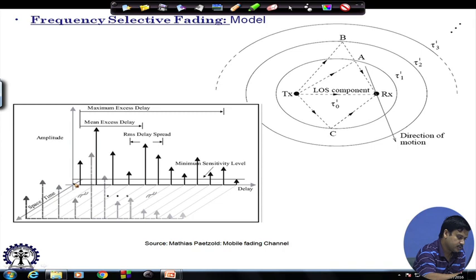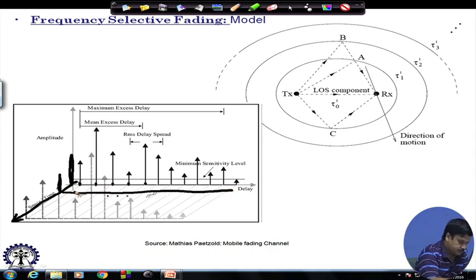If there is an impulse, then we are going to get these echoes, and if we repeat the experiment in time, that means if I launch another impulse in time, and this is the delay axis here, at the same delay we are going to get a certain echo, at the same delay another echo, at this delay another echo, and so on and so forth.